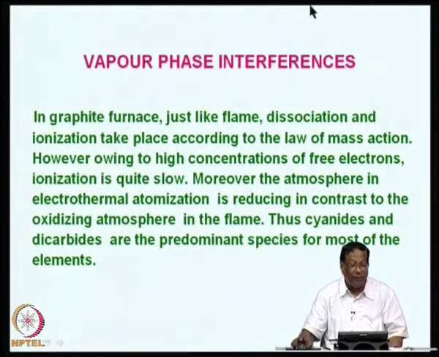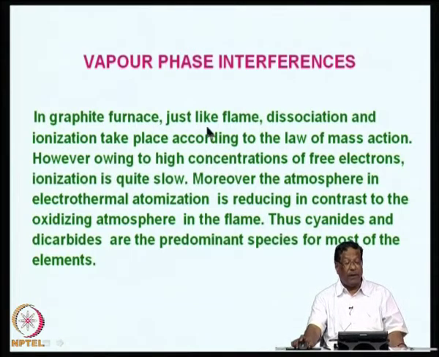phenomenon. So, we will also talk a little about volatile phase interferences. So, just like flame, dissociation and ionization take place in the graphite furnace according to the law of mass action. However, owing to high concentration of free electrons, ionization is quite slow.